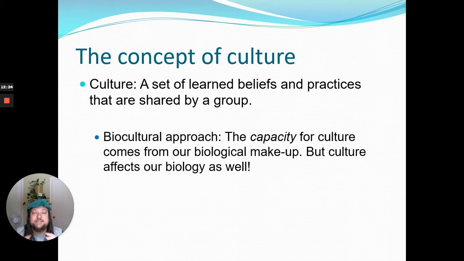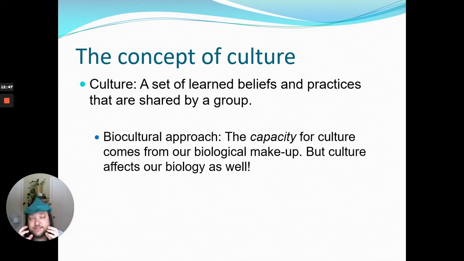Beliefs and practices, I like that because it really refers to everything that we think and everything that we actually do. So I put belief here, but that includes what we think we know about the world, what we think we know about ourselves, and all the things that we do: work, play, have sex, whatever.